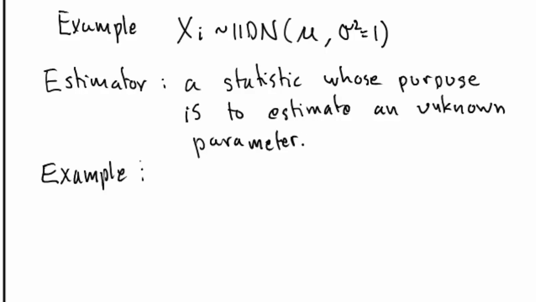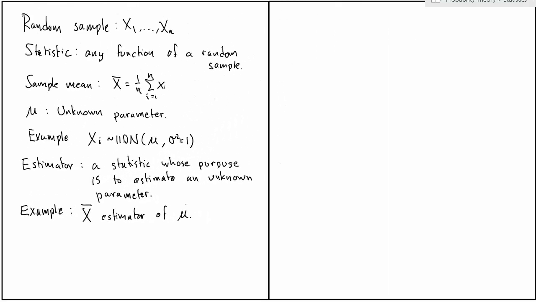The most common estimator for an unknown expected value is the sample mean. So the sample mean is an estimator of mu. In this particular example, it will be the best estimator of mu pretty much independently of any reasonable definition of what we mean by best.